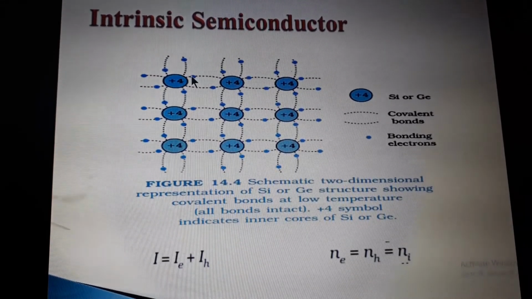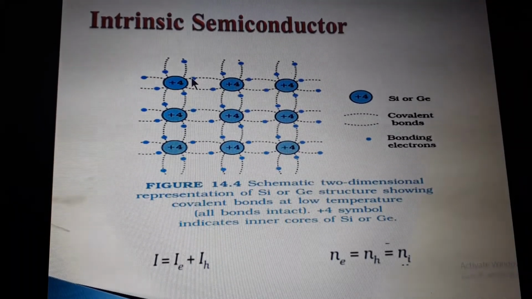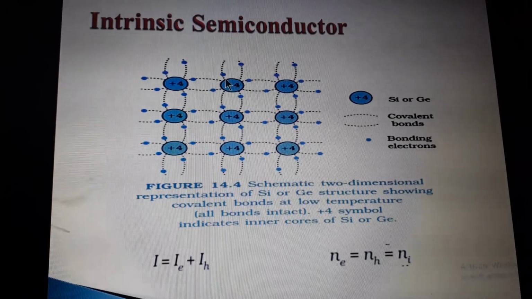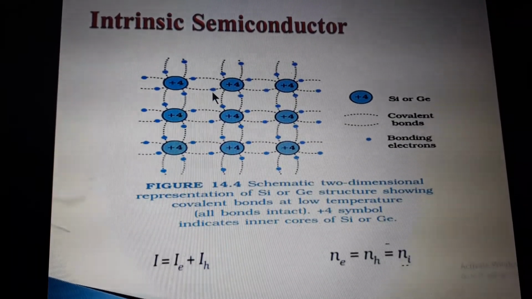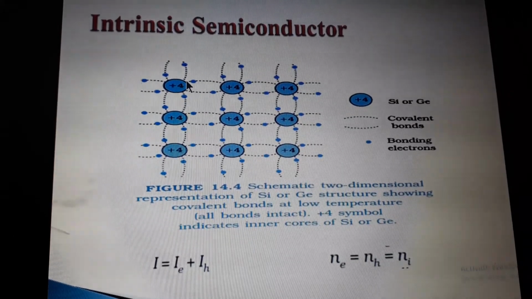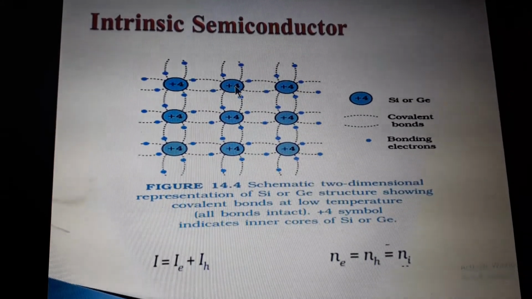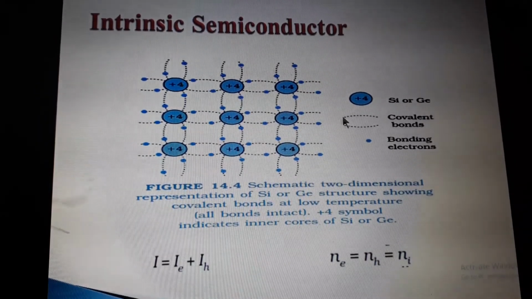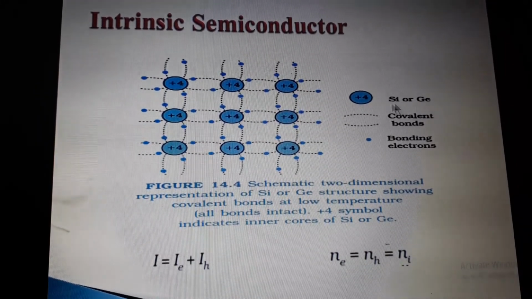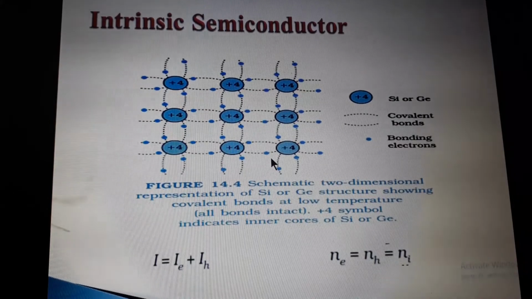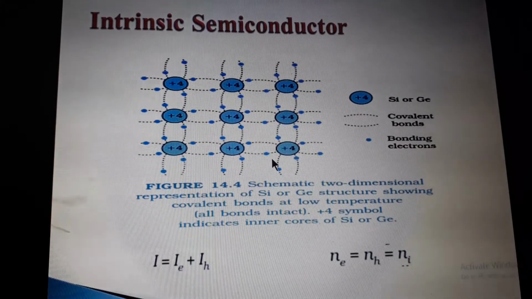So each electron is bonded with an electron of another atom. Suppose this one is silicon with 1 outermost electron, and this one is another silicon with 1 outermost electron. This electron and this electron are both connected by a covalent bond. So this is a systematic two-dimensional diagram.